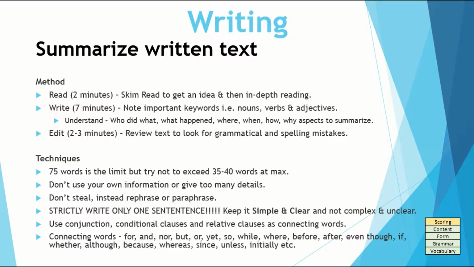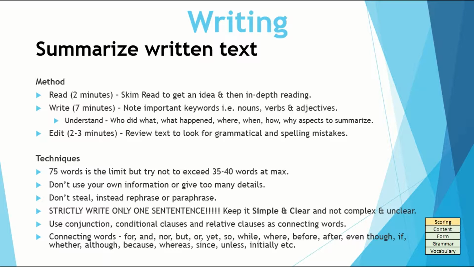Now you could split the write section into 2 minutes and 4 minutes, or probably 2 minutes to just quickly write it on your paper, or you could directly write it on the computer, doesn't matter. So note down the important keywords. Could be nouns, verbs, and adjectives. Important names of people, names of places, names of universities, all kinds of nouns.